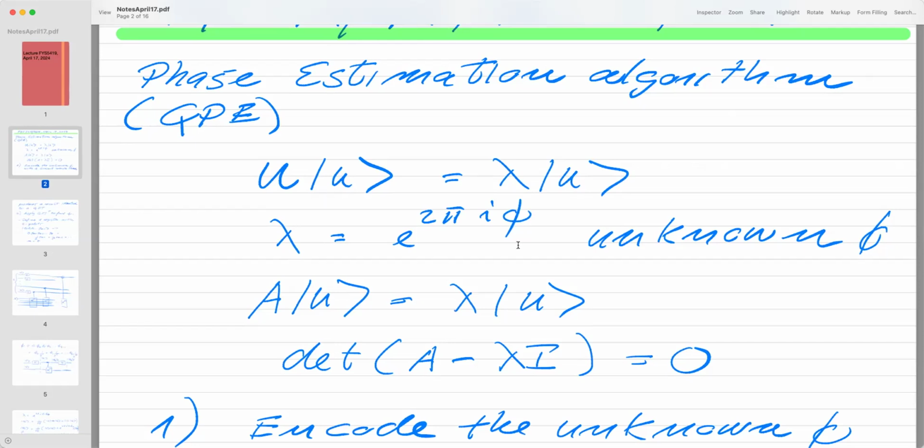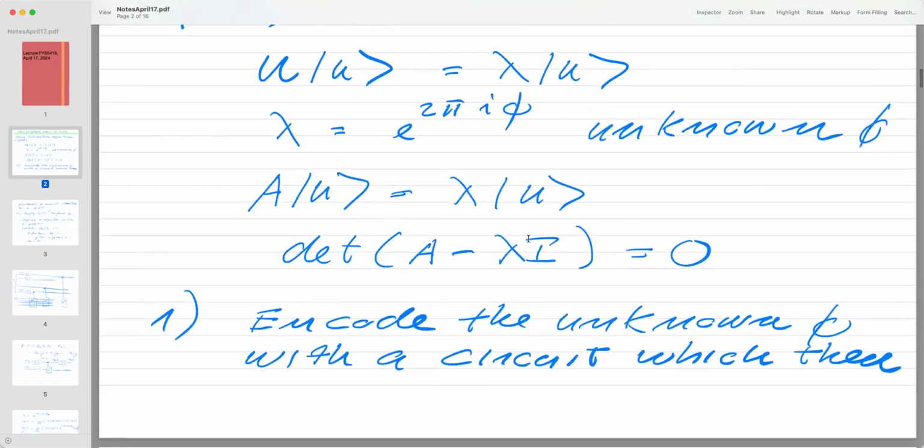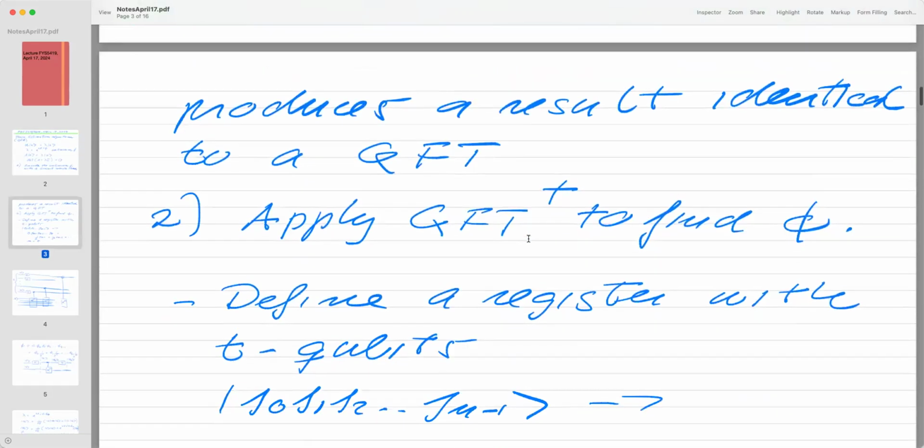Then you perform a controlled-U operation, which is a controlled rotation. At the end, when you've done all this, you perform an inverse Fourier transform to extract this angle phi. So I just wanted to remind you of some of these technicalities, which are also in the lectures.